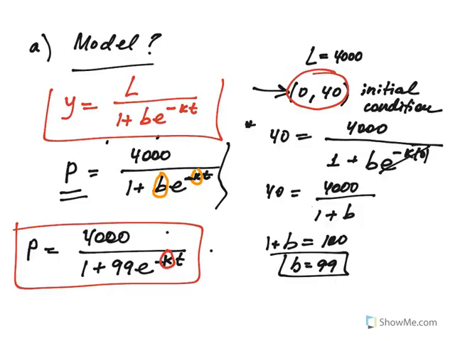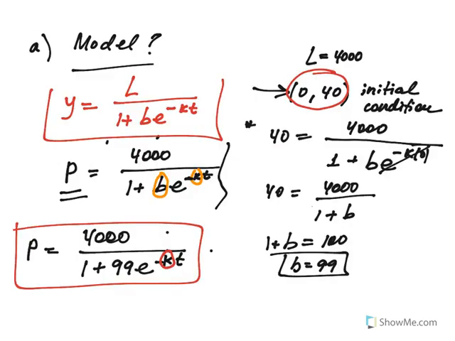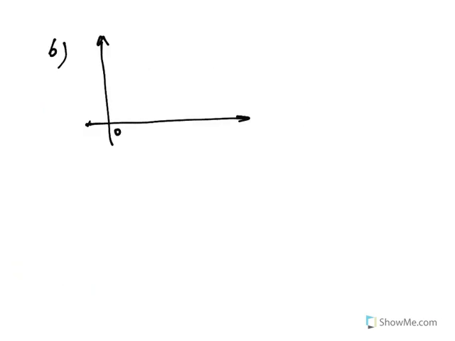I don't want you to do it by hand. But I actually want you to sketch that model. So you remember what it looks like, right? The logistic model. We have this upper boundary, which represents y equals L, and L is your carrying capacity, and in this case it is 4,000.